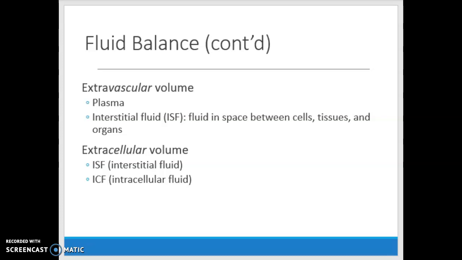So for maintaining extracellular volume, you'll see that there's a movement between interstitial fluid and the intracellular fluid, with that intracellular fluid being the fluid inside the cells or inside the plasma membrane. So there's an exchange between what's outside the cell and what's inside the cell through that semi-permeable membrane.